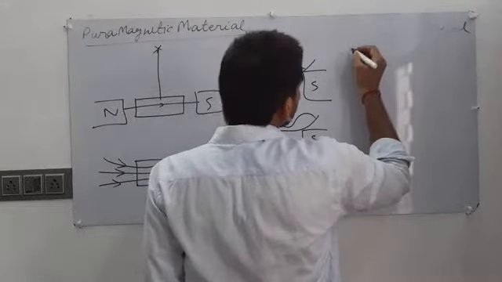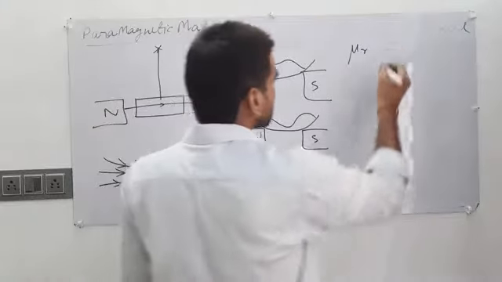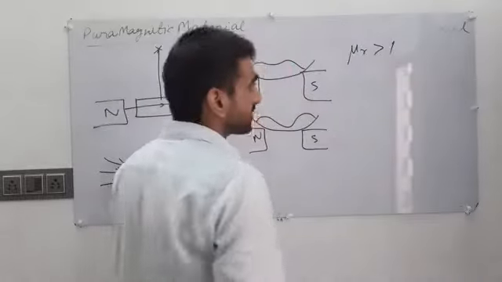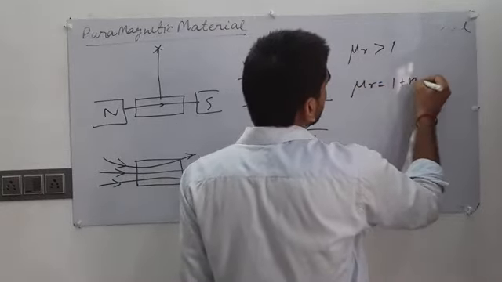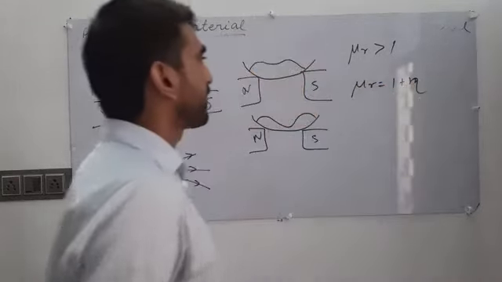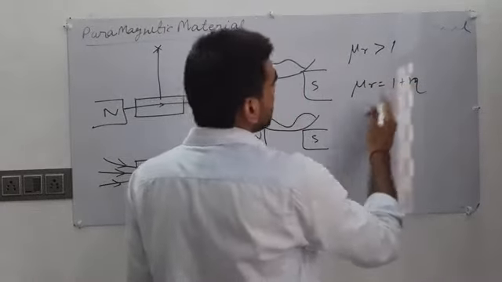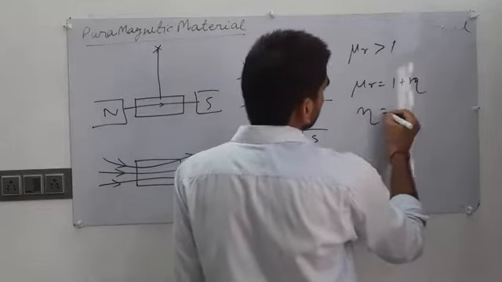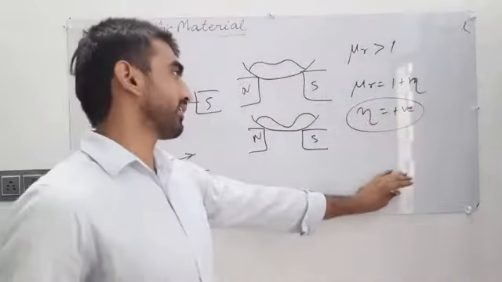The relative permeability of paramagnetic material is greater than 1. You know that relative permeability is 1 plus susceptibility, so the susceptibility is positive in paramagnetic material.